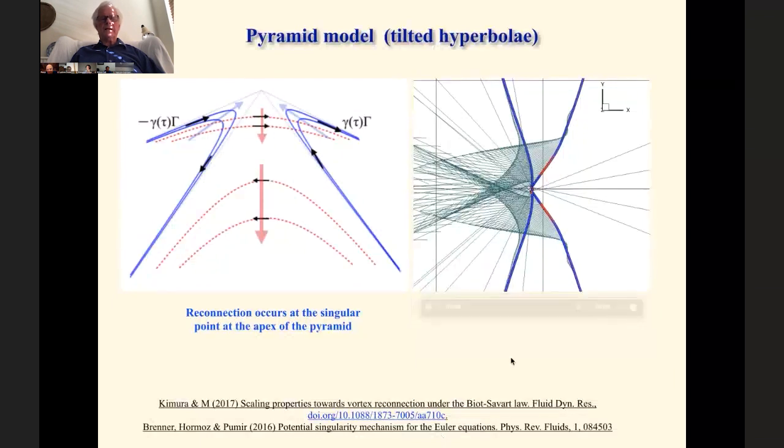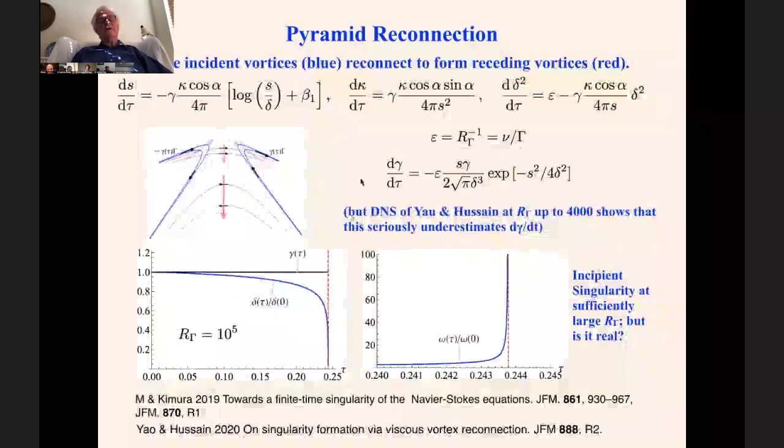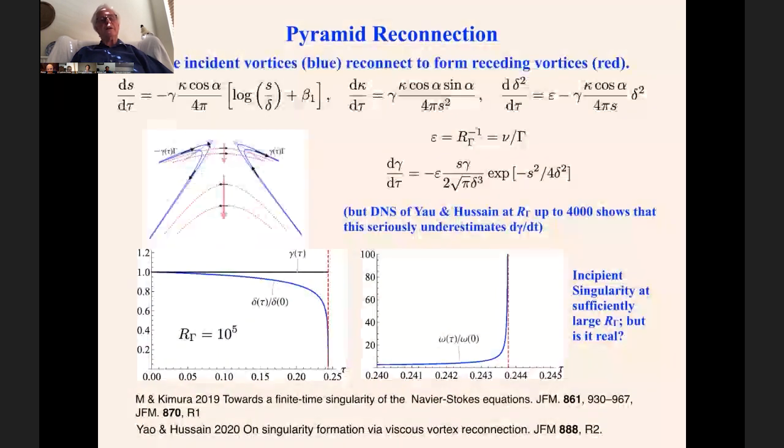These were earlier references in which we studied this problem. Well, we reduced this problem to a dynamical system for the separation at this point here, the separation of the two vortex tubes, the curvature, which is increasing, and the cross-section measured by delta.